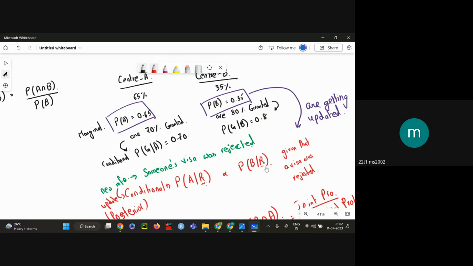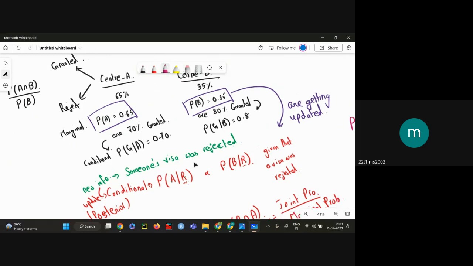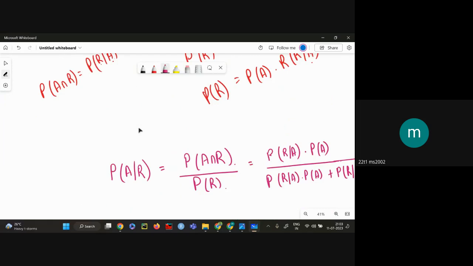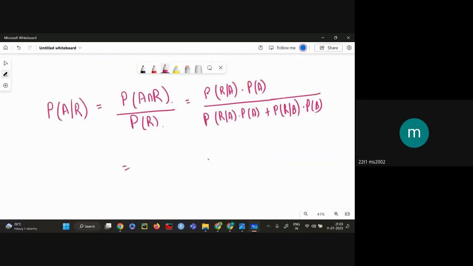So once I give my application in center A, the event can either be granted or rejected. So when I have the probability of grant given A as 70%, the probability of reject given A is going to be 30%. So that will be 0.3.